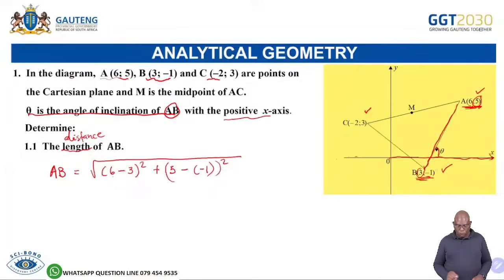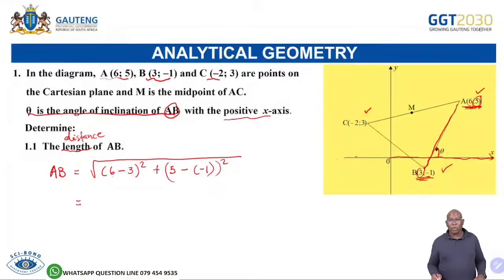So now from here, you take your calculator. Please don't try to, you're not going to get marks for saying 6 minus 3 is 3 and then 3 squared, then 5 minus 1 is 6 and then 6 squared. You take your calculator, you press the square root, you press open bracket, as it is, 6 minus 3, close bracket, square it, plus, open bracket, 5 minus, open another bracket and say minus 1, close the bracket and close the bracket again.